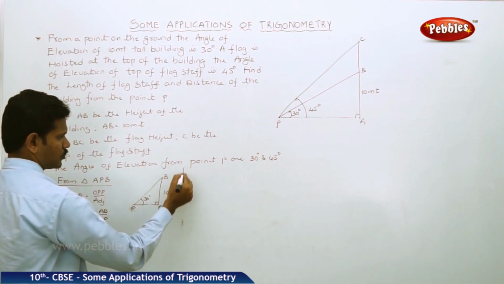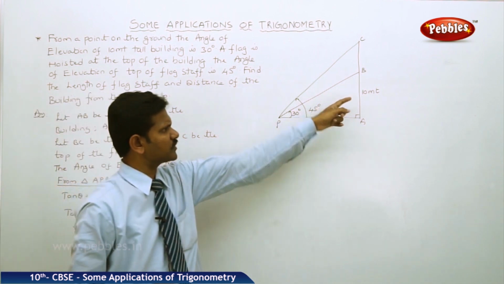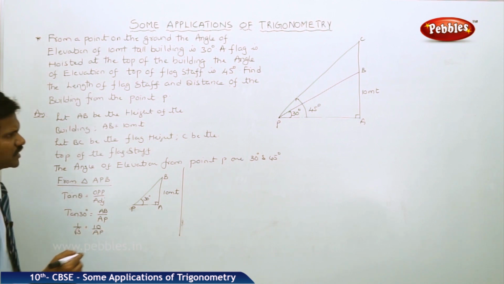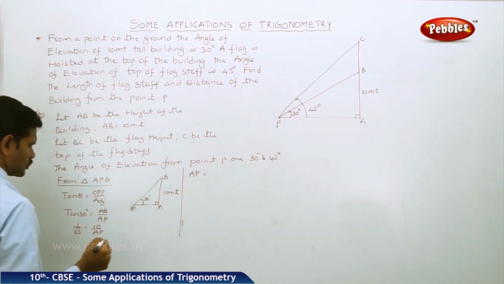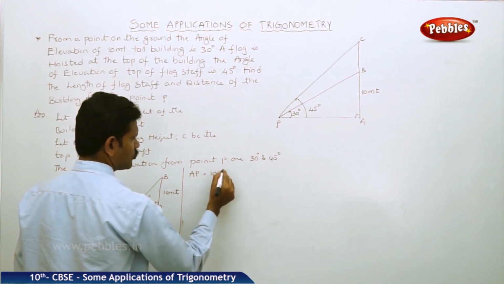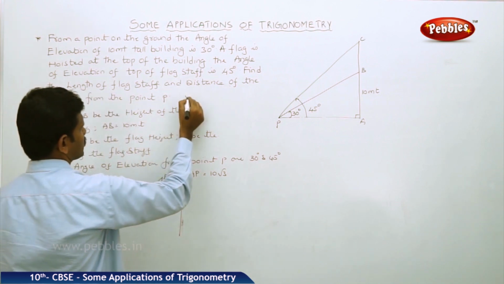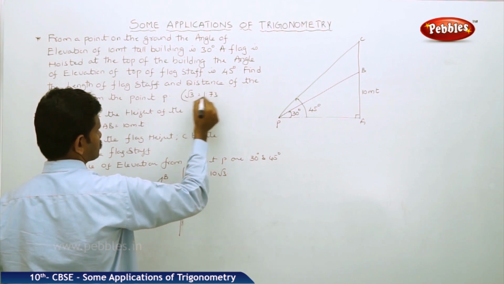Now tan 30 degrees is equal to 1 by root 3 is equal to, the value of AB from the diagram is 10 by AP, that is AP is equal to, by cross multiplication, 10 root 3. Now in the question it is given that root 3 is equal to 1.73.